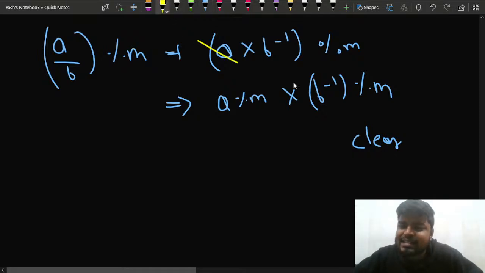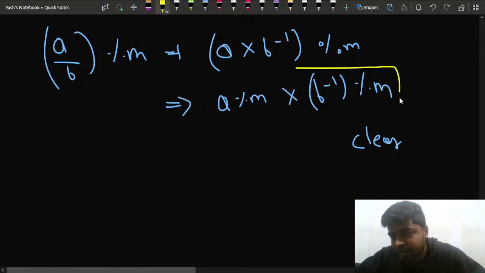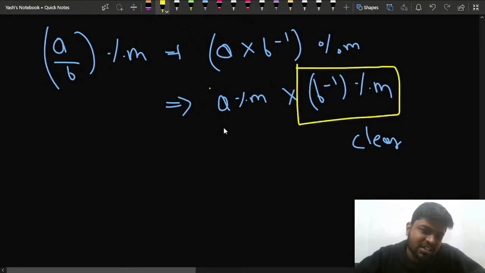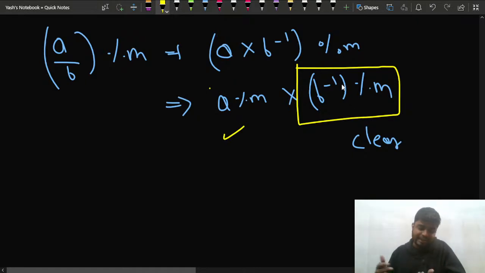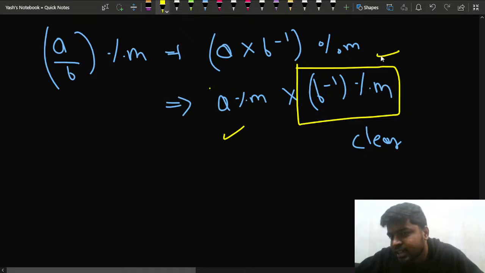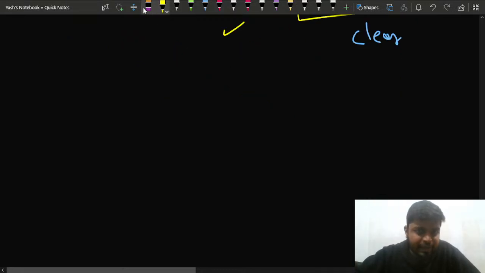Now the thing is, how do you calculate such an expression? This part is simple, a mod m, but this is an inverse part. Let's repeat it again for clarity.